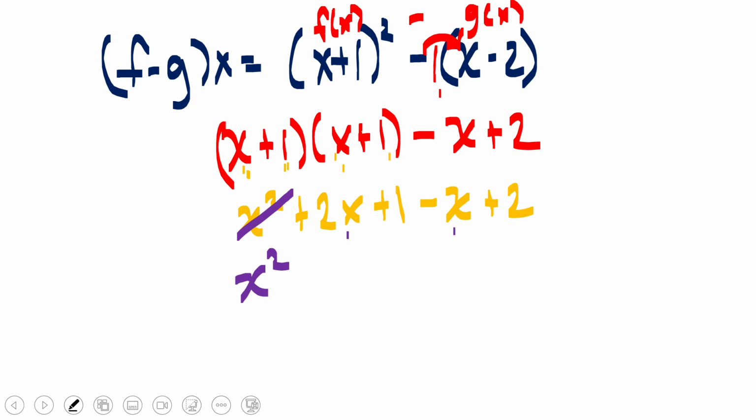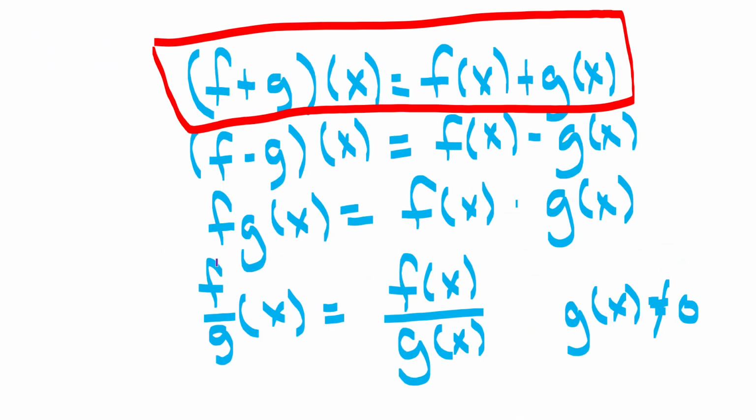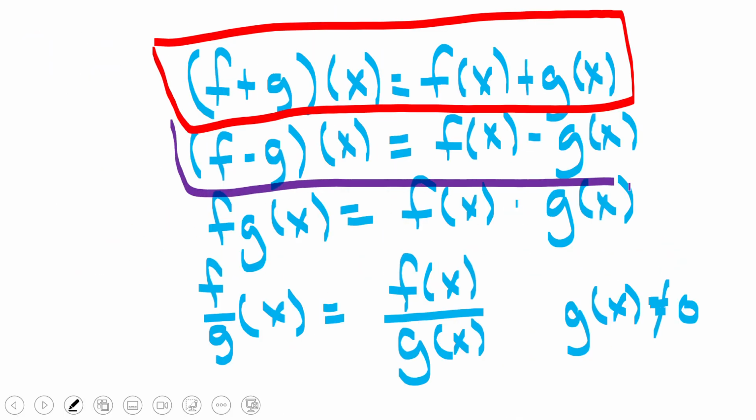We have 2x minus x, so that's a positive x, that's addressed, and 1 plus 2 is 3, our final expression here. If we are to write the function rule for each, we would grab this one for that example.